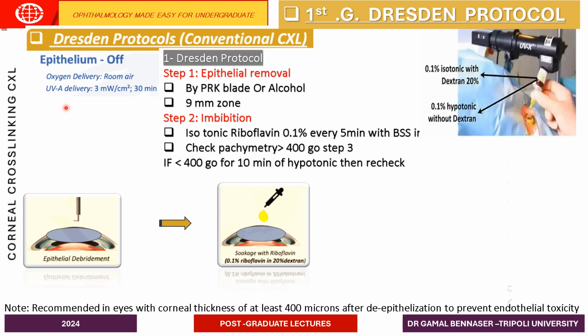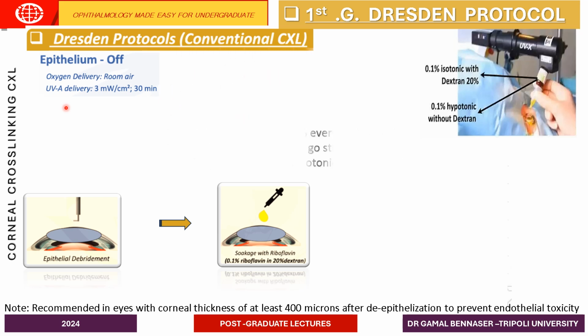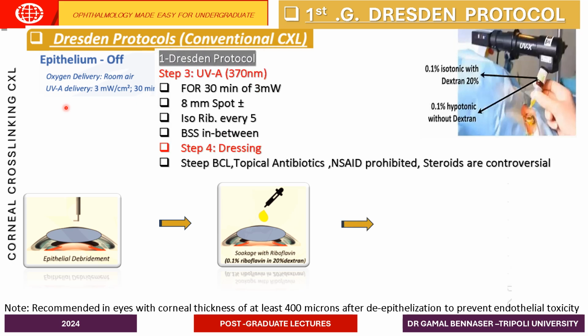And we have to make sure about the corneal thickness; after 30 minutes you have to check the thickness. If it is less than 400 micrometer, we have to add some drops of BSS, so that this will swell the cornea, or use hypotonic riboflavin. If the thickness is more than 400 micrometer, we proceed with the third step, which is the use of ultraviolet energy.